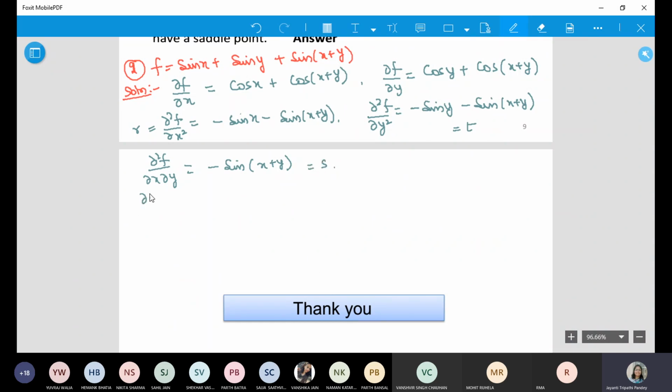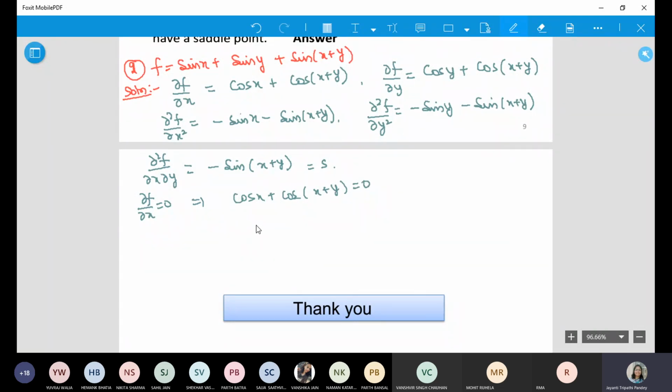So first we need to find out the stationary points. When you put this equal to 0, you are writing cos x plus cos(x plus y) equals 0.